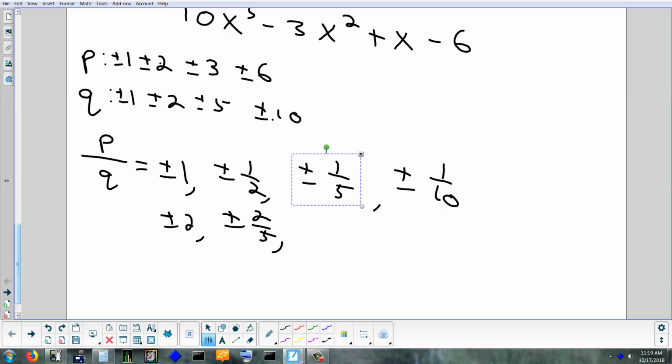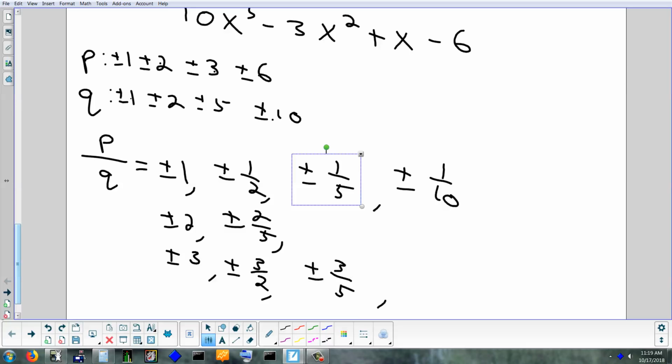You get some repeats. Let's do 3. Plus or minus 3 over 1. Do we have that one? No. Plus or minus 3 over 2? No. Plus or minus 3 over 5? No. How about plus or minus 3 over 10?